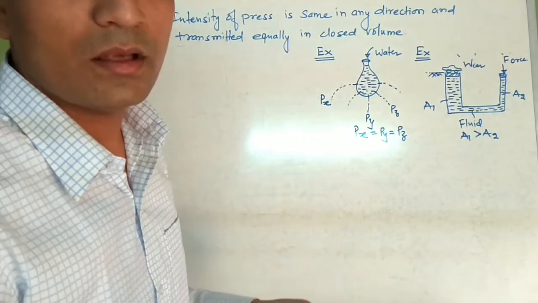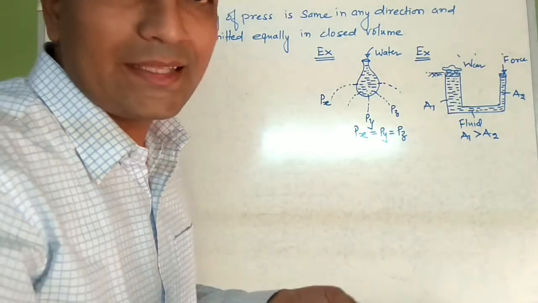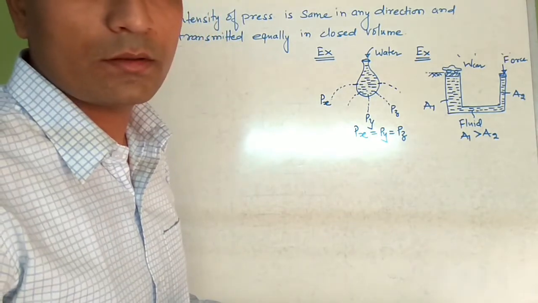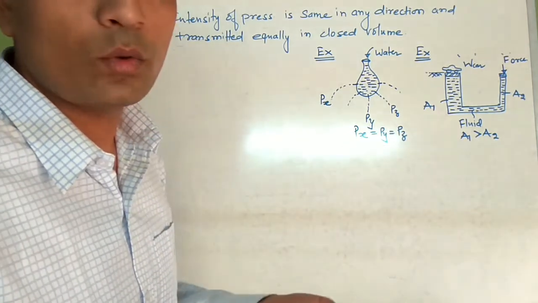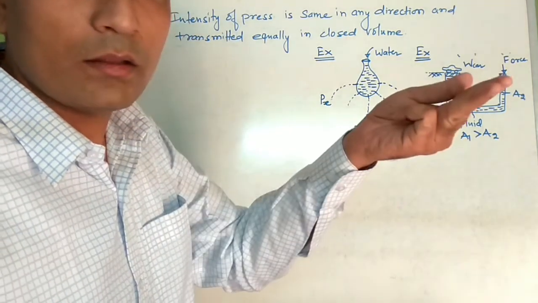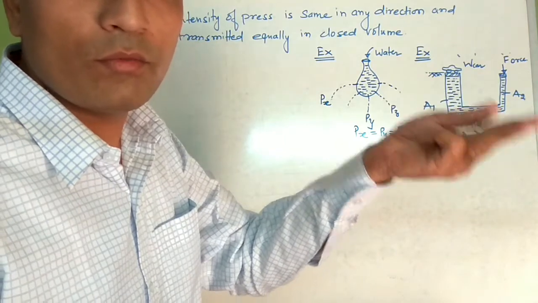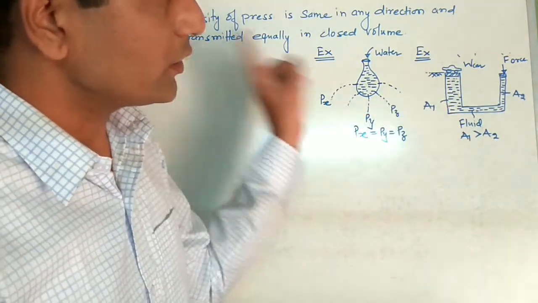That is the simple mechanism while lifting a car by a jack also. If we take the jack to lift the car, we apply a small effort and we can lift the maximum load. So this is the mechanism where Pascal's law is used.